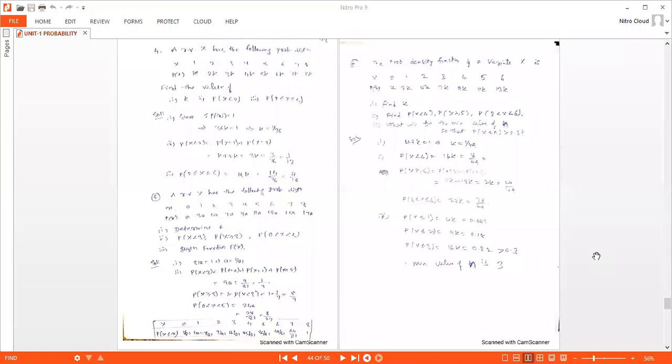That is equal to 0.32, which is greater than 0.3. So that is the observation. Probability of X less than or equal to 3 is greater than 0.3. So what is the value of n? The value of n is 3.